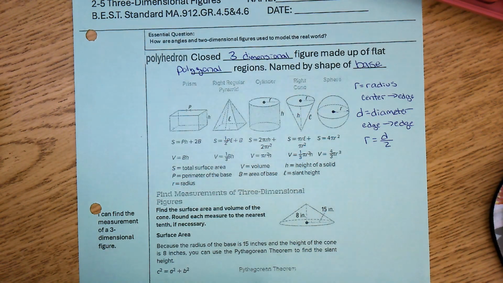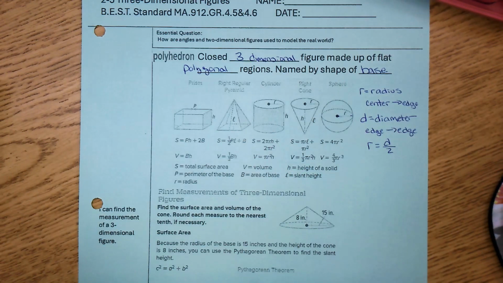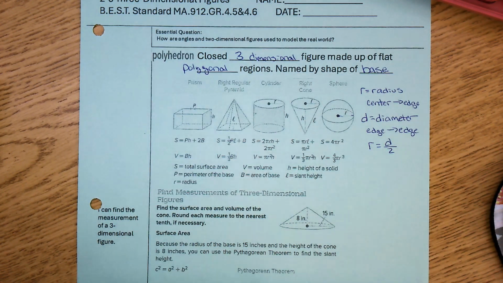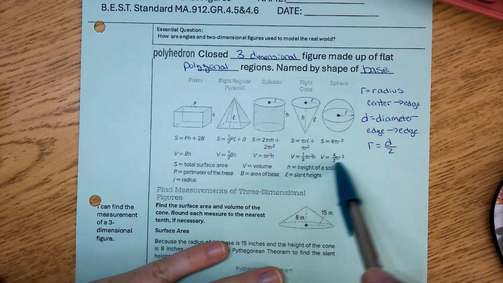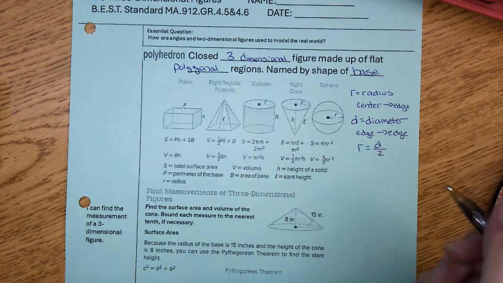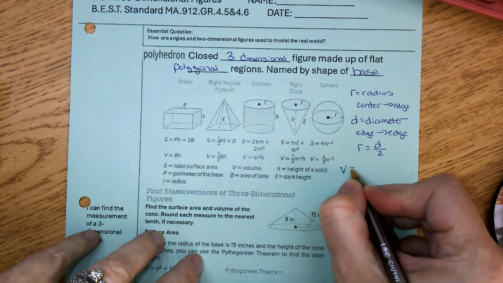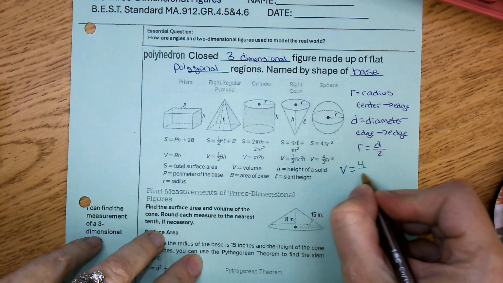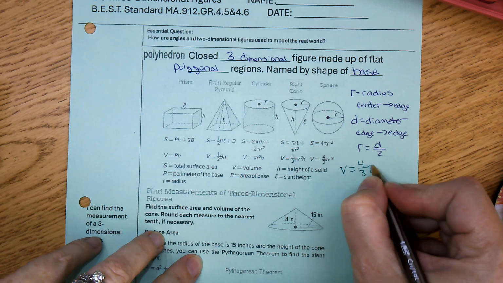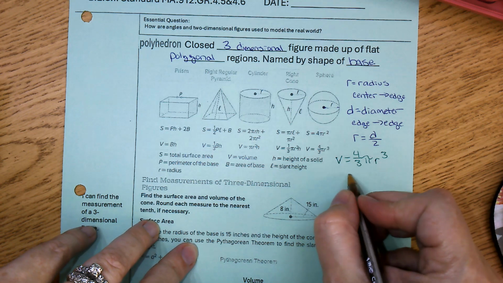Another thing I showed, particularly with these volumes, I want to show you something. I'm going to do it with the volume of the sphere. Your equation is 4/3 pi r cubed. Now check it out.